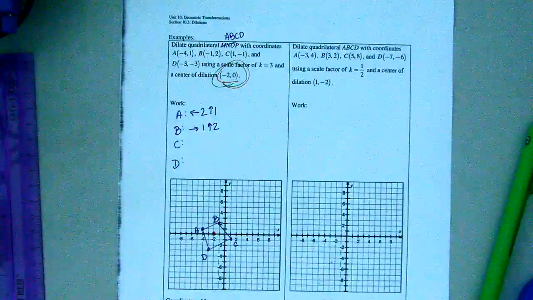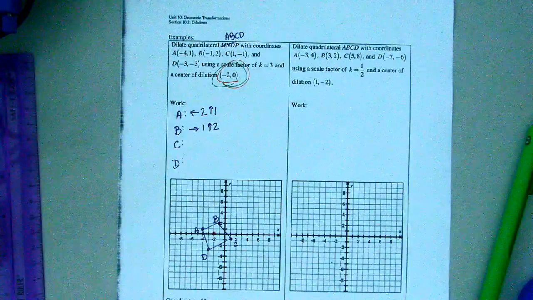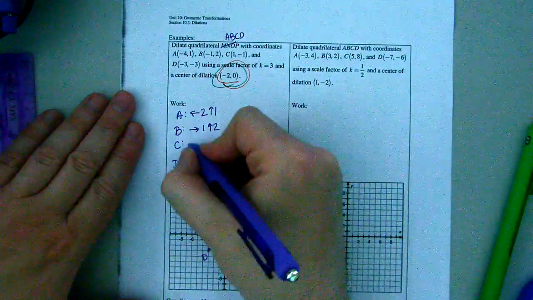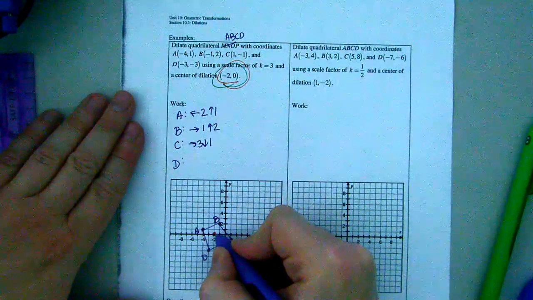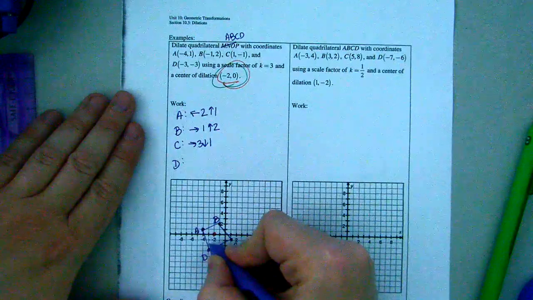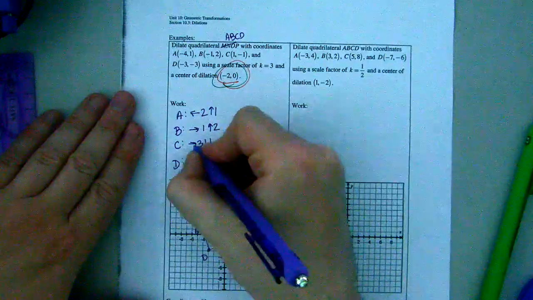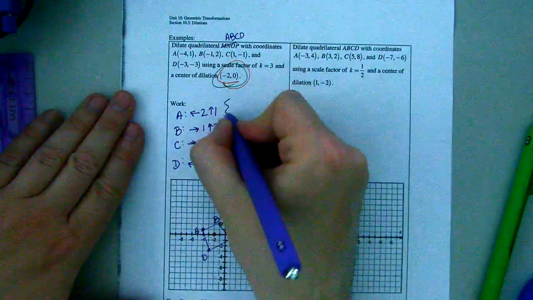I would suggest you pause the video and try to do C and D. To get to C, I'm going to go right 3 and down 1. To get to D, left 1, down 3. And I've got my movements.